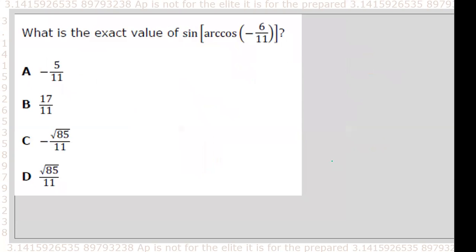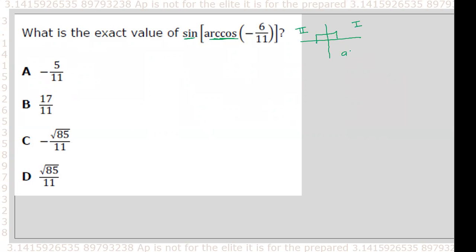The next thing we need to be able to do is find the composition of inverse trig. What does that mean? It means when we have two functions and we're solving one within the other. What I want you to know is the restrictions of arc cosine: they are quadrant 1 and quadrant 2.